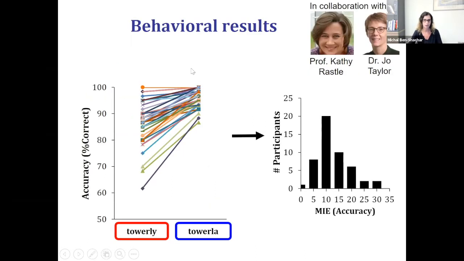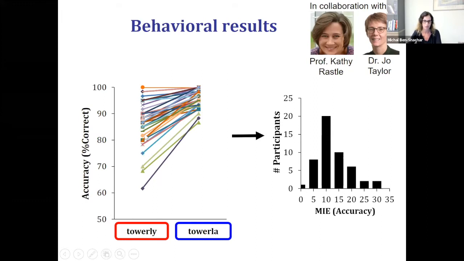Interestingly enough, if you do this across many subjects, and this is a project that we carried out in collaboration with Kathy Russell and Joe Taylor at the Royal Holloway, we can see that indeed many individuals find it harder to reject pseudo-words that contain real morphemes in them, but they also vary to a great extent on how hard it is, how badly they're affected by this manipulation.